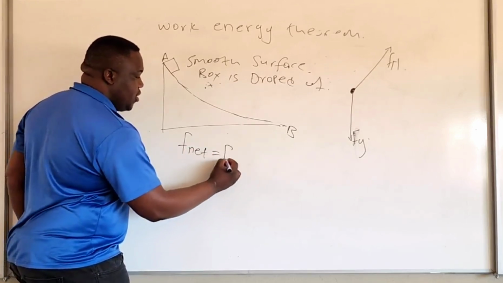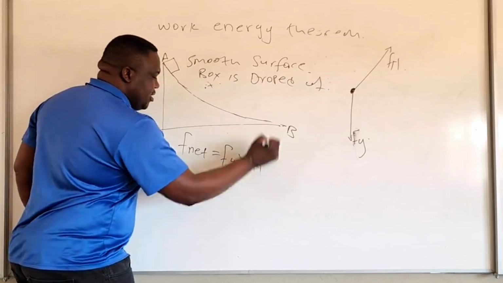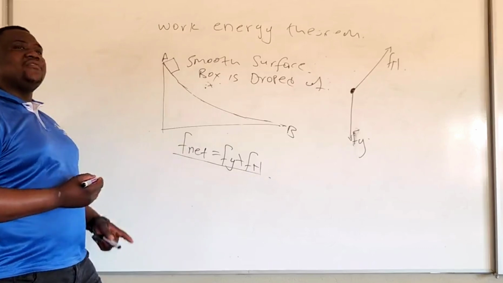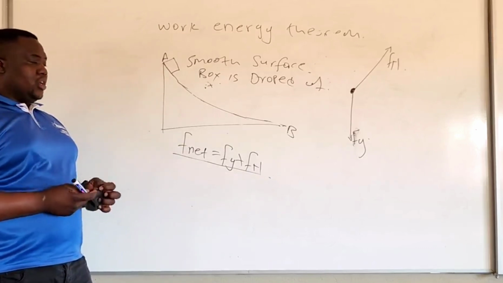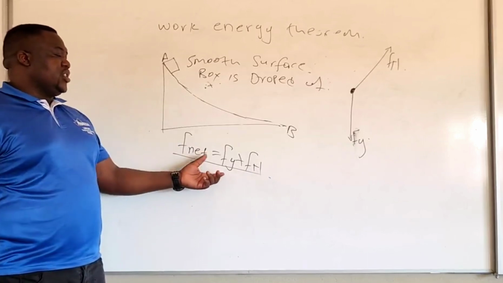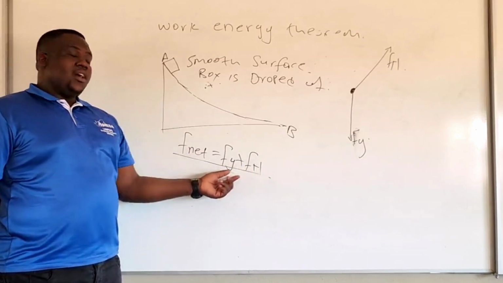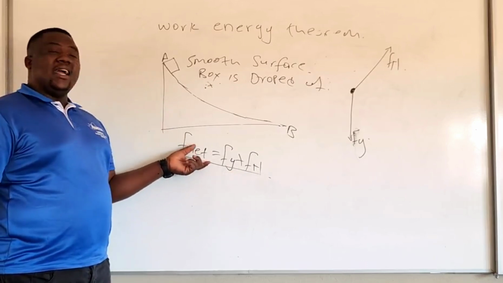F net is equal to gravitational force plus what? Plus normal force. Why am I saying F net is equal to gravitational force and normal force? That is all because the only forces which are acting on this object are gravitational force and normal force. And F net is the sum of all the forces that are acting on an object.